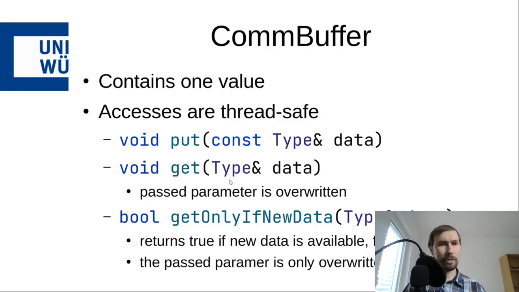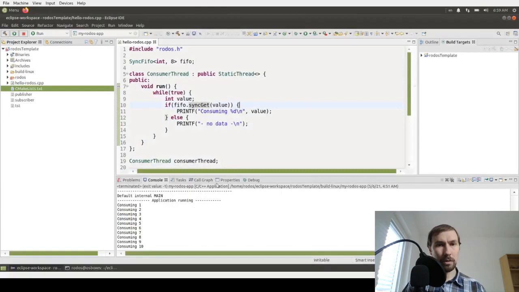Let us implement this in the virtual machine. Instead of using the FIFO, we are using the COM buffer, which of course does not have the length defined here. The only template parameter that it requires is the data type that should be saved here.